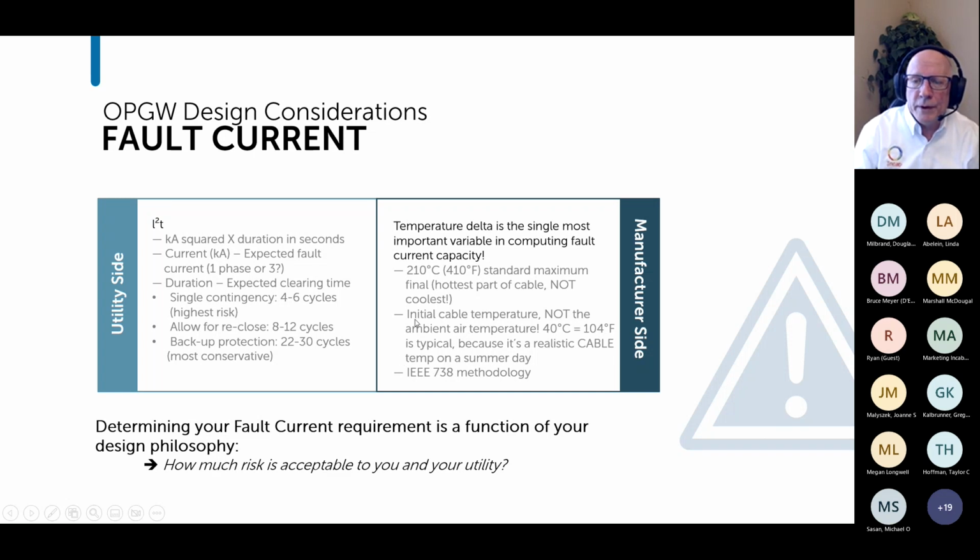Particularly critical variables are the initial cable temperature and the final cable temperature, but the methodology is important too, and you need to make sure that everybody's using the same rules. That allows you to compare the rating of one supplier versus another, and more importantly, it allows you to make sure that the supplier rating meets what you determined you need.